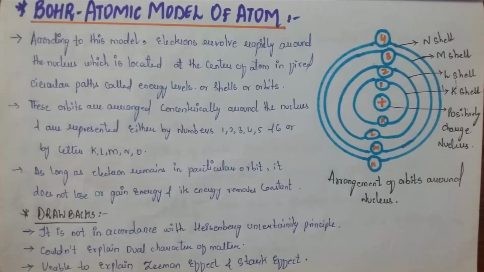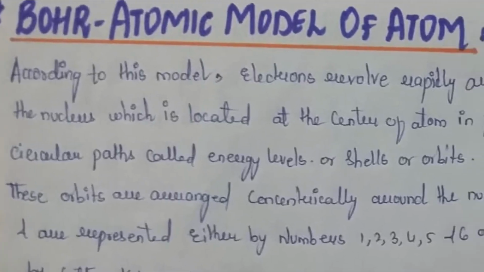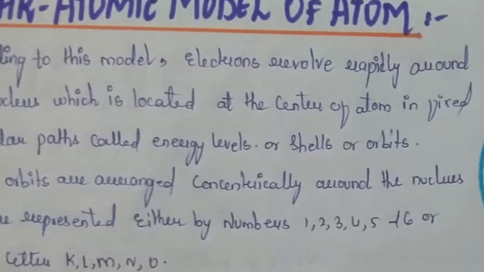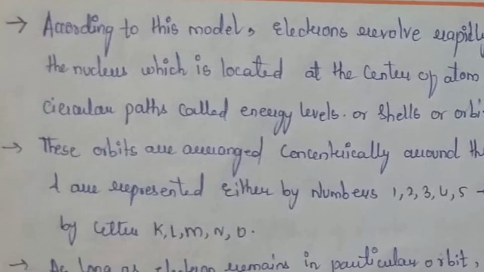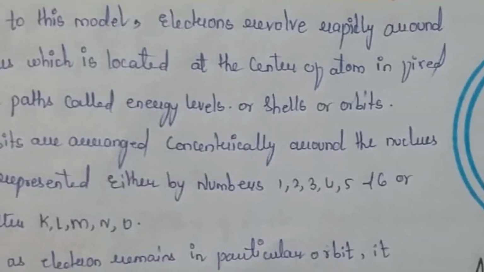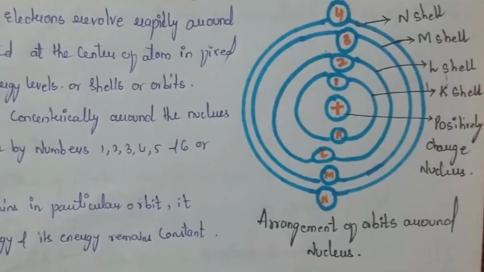Now, the third and important atomic model, that is the Bohr atomic model of the atom. According to this model, electrons revolve rapidly around the nucleus, which is present at the center of the atom, in fixed circular paths known as energy levels or shells or orbits. In this model, the nucleus is present at the center and electrons are revolving around the nucleus concentrically.